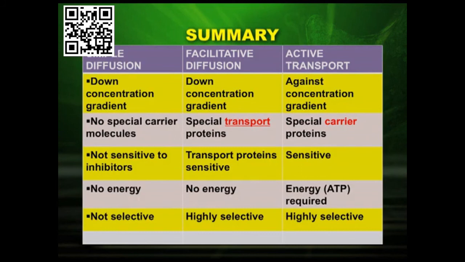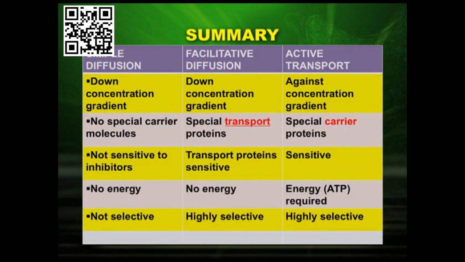So, let us summarize. Simple diffusion is down the concentration gradient, facilitated diffusion is also down the concentration gradient. On the other hand, active transport is against the concentration gradient. Second, in simple diffusion, no special carrier molecules.